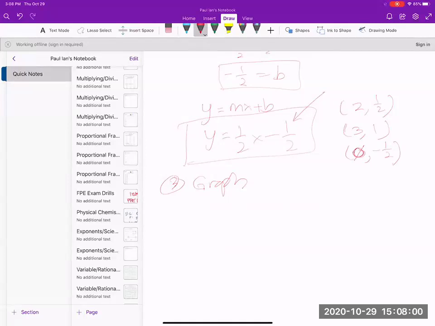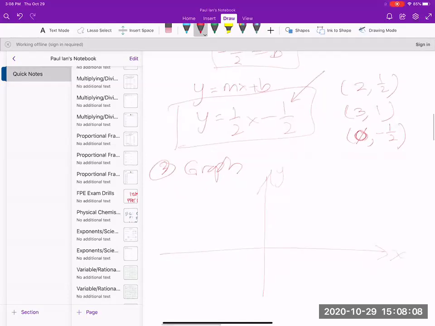Let's graph it. So you have this y axis, and then you have this x axis. Let's see where we have to go with our x. I guess we could space it out more. 1, 2, 3.